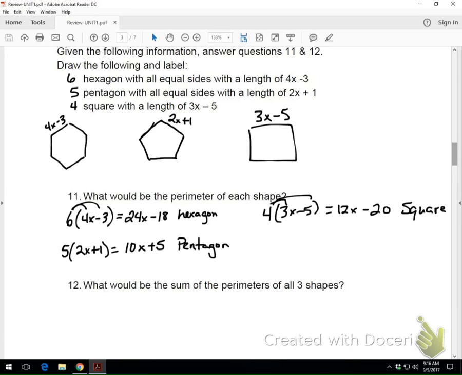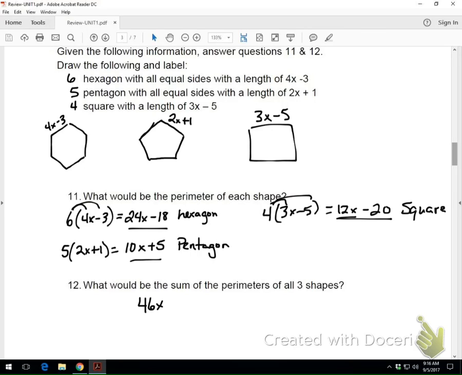Then it says what would be the sum of the perimeters of all three shapes. So if we took all three of these right here and just added them together. What's 24x plus 10x? 34x plus 12x. 24 plus 10 is 34, plus 12 is 46x.